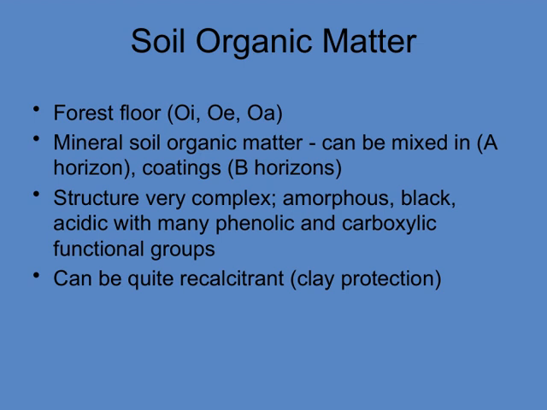That means it resists decomposition, often protected by clay particles that shield it from microbial breakdown. This recalcitrance is crucial because it helps soils store carbon over long periods, contributing to soil fertility and climate regulation. Overall, understanding the complexity and resilience of soil organic matter helps us appreciate its vital role in soil health and carbon cycling, tying back to our broader discussion on sustainable land management.